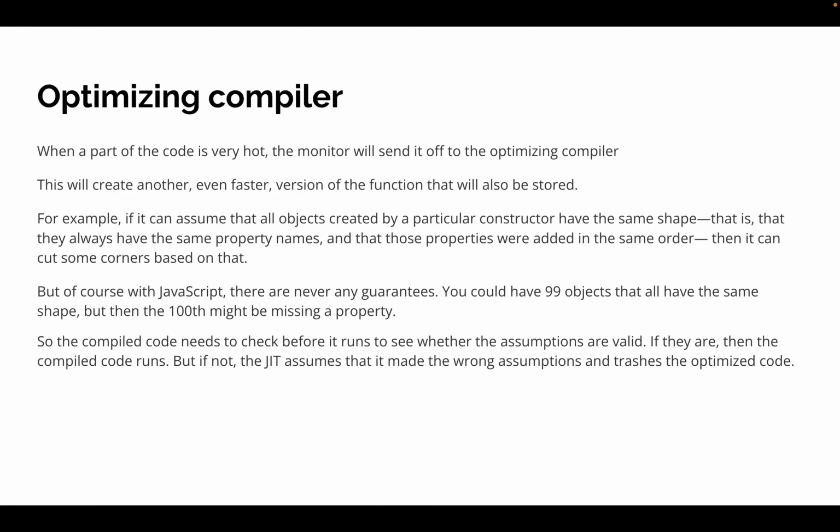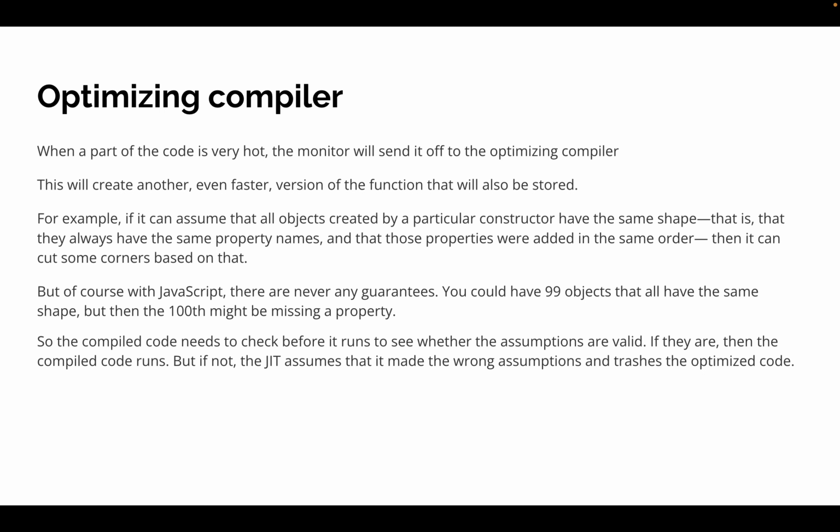So we don't interpret. If you want to map over it, for example, and change it to something else, we don't interpret it. We give it to the optimizing compiler and let it make some assumptions and make some optimizations for us. So the code is going to run faster than it would if we gave it to the interpreter.